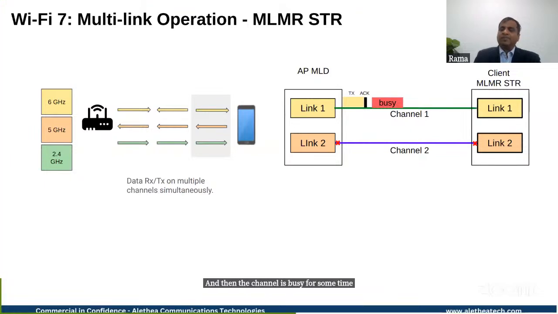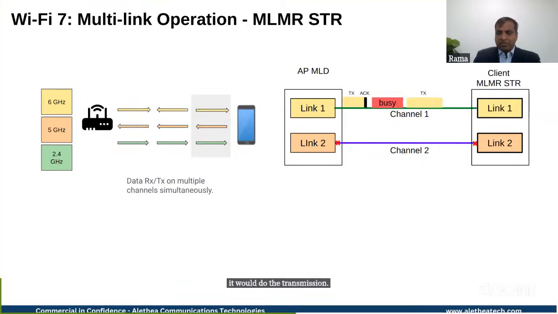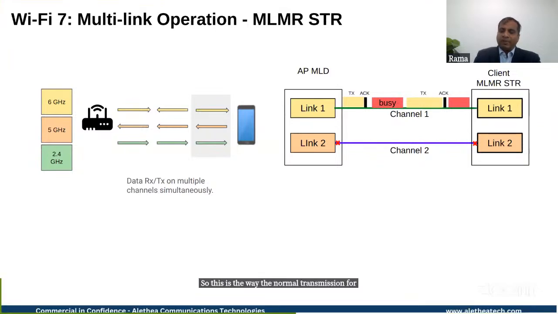Then the device would continuously do clear channel assessment. And when it gets the opportunity next, it would do the transmission. Then this would be followed by an ACK, and it's again busy, and so on. So this is the way the normal transmission for a single link would happen.